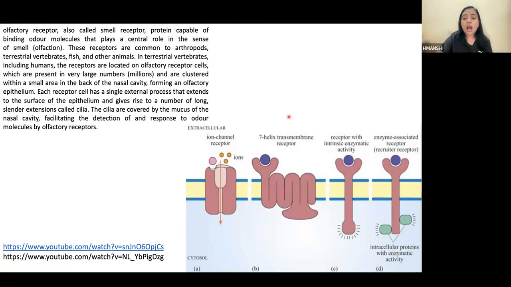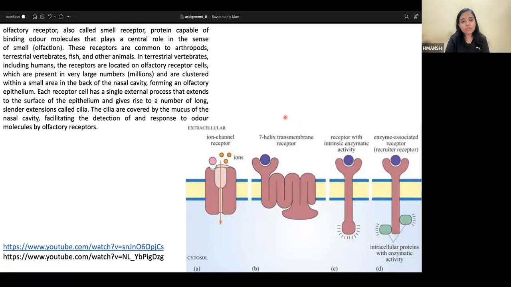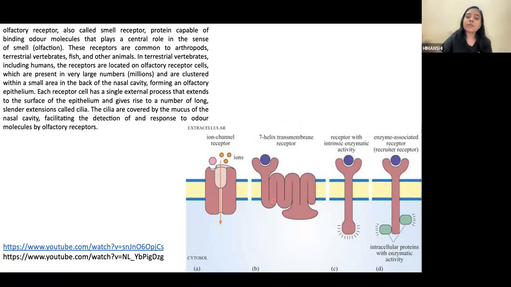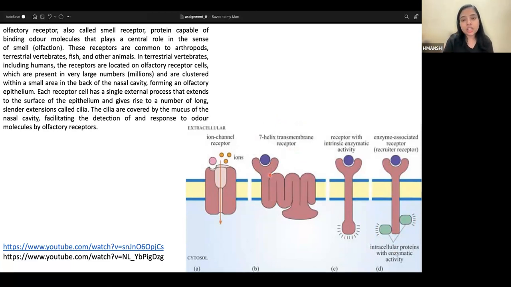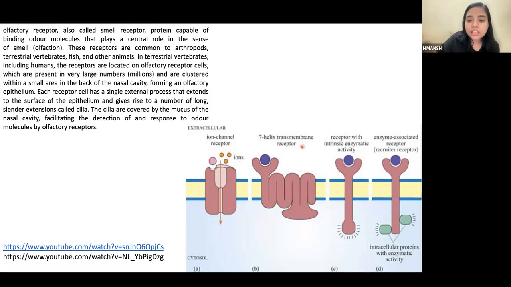Now, whether you have heard about it or not, the 7-helix transmembrane receptor is a very different setup of receptor, often called GPCRs. So what does GPCR mean? GPCR means G protein coupled receptor. So in the 7-helix transmembrane receptor, there is a class of protein which we are aware of, which has the 7 transmembrane helix structure, called GPCR, right?